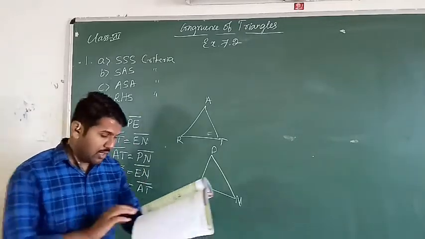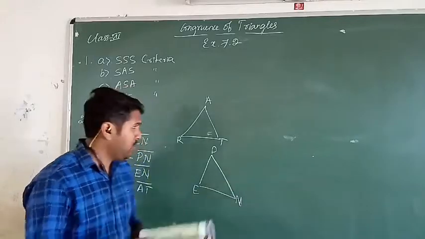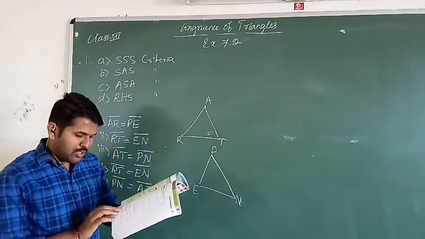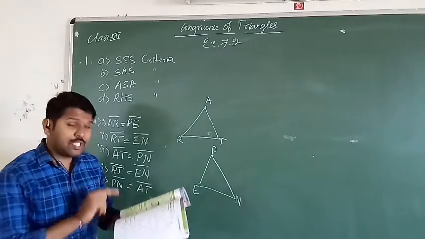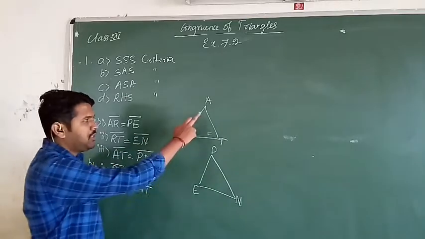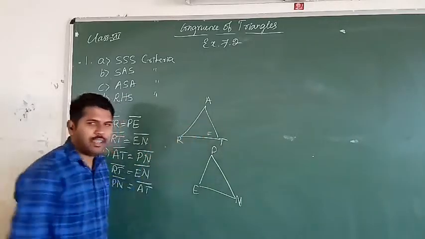Last one, C1. If it is given that AT equals PN and you are to use ASA criteria, which angles do you have to use? AT and PN are given. So use these two angles, A and T.